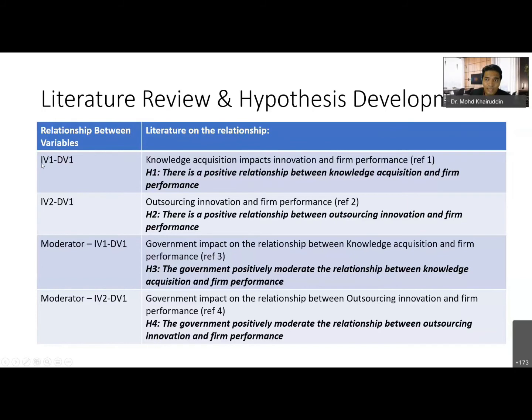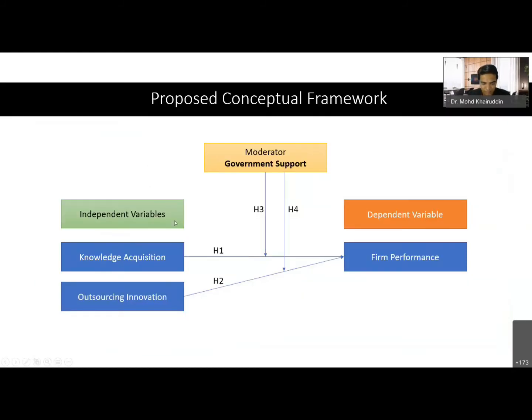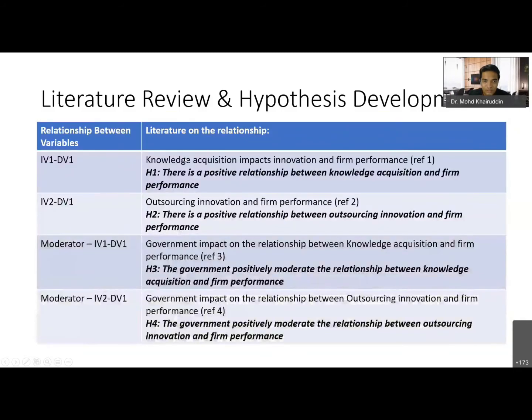For example, if you have IV1, the relationship between IV1 and DV1, of course you will have to explain how you develop this relationship. You explain through here, knowledge acquisition impacts innovation and firm performance. You have to find the literature on this and explain a bit on how you get the relationship between IV1 and DV1.